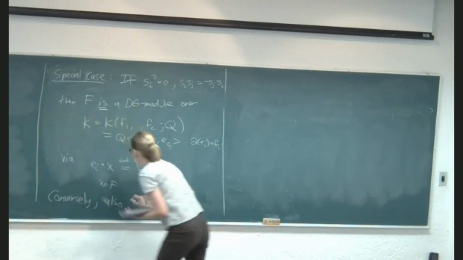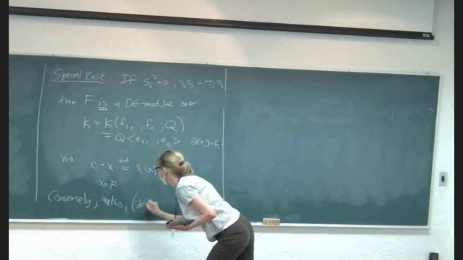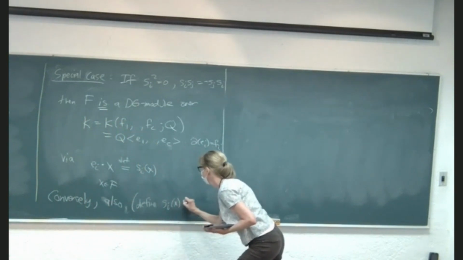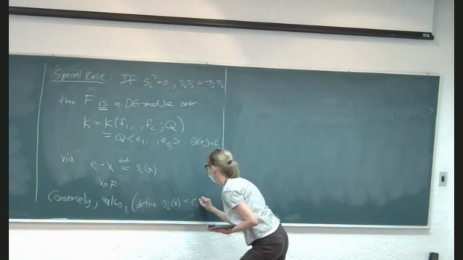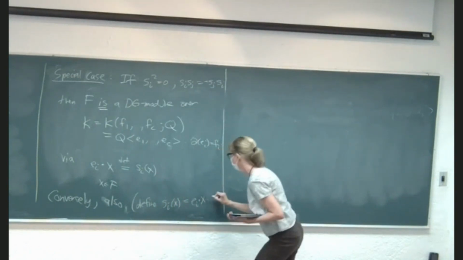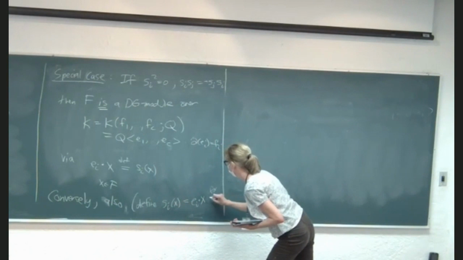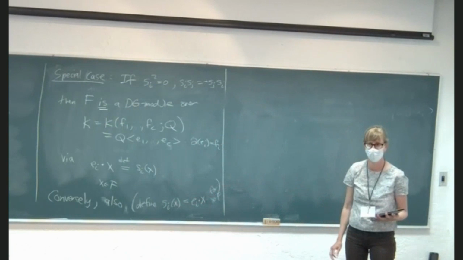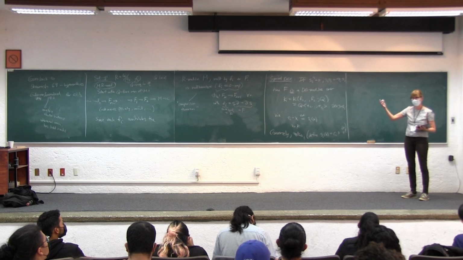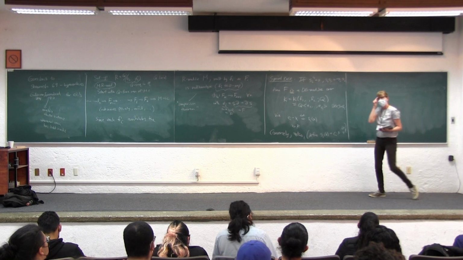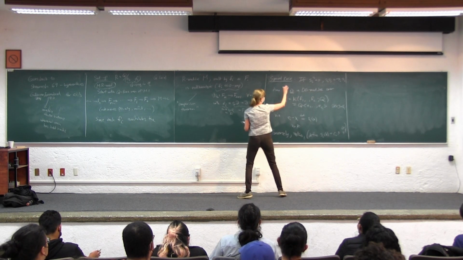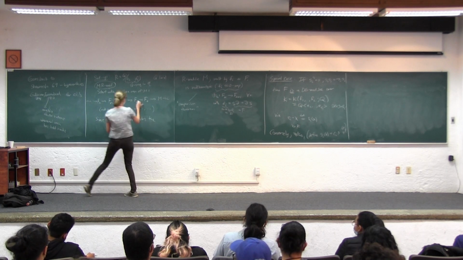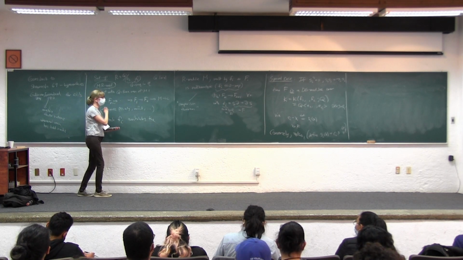Just define S_i of anything to be E_i times that anything, for x in F. And these will be null homotopies, or F_i's. So it's reversible. Okay. So you always have these homotopies, but if they happen to satisfy these properties, this actually has a DG module structure, which is enough.